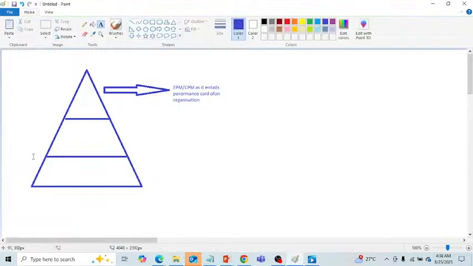And let's talk about the ERP. So ERP works on both the middle level and the lower level management. So let's have a look at it.